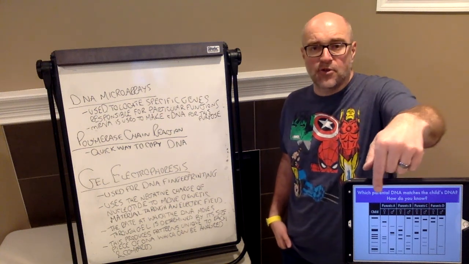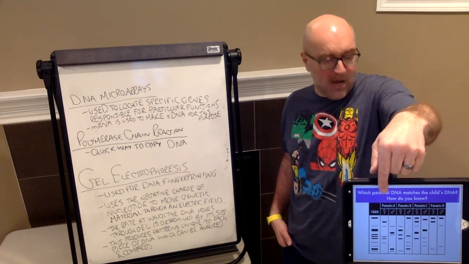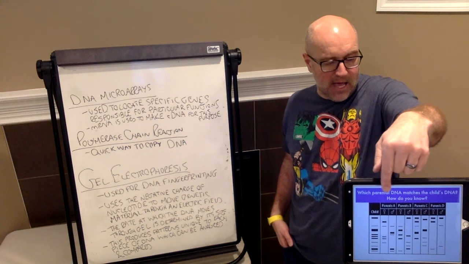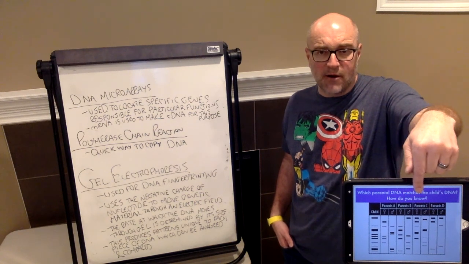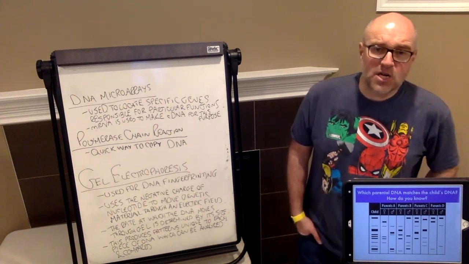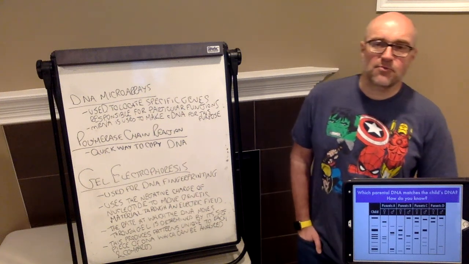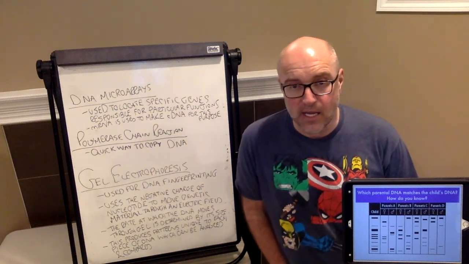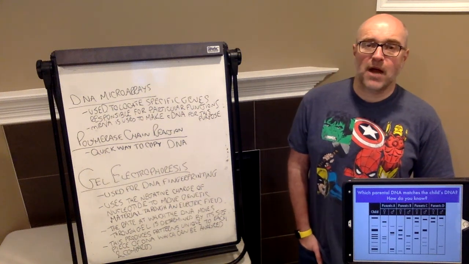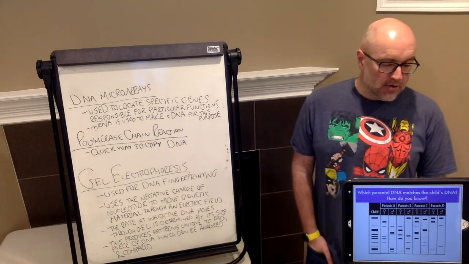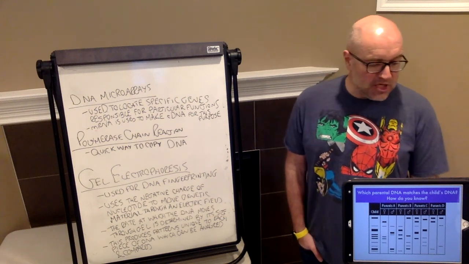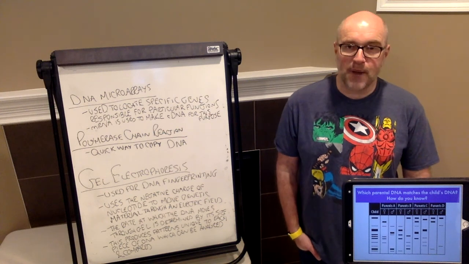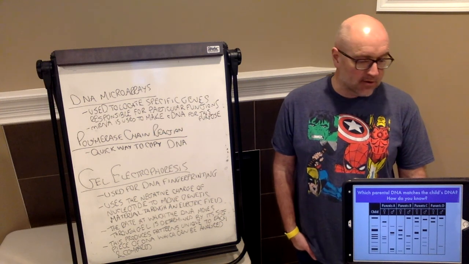We've got my child's DNA fingerprint over here. I've got parents A, parents B, parents C, and parents D. Which of those parents are the possible parents of the offspring? What I'm looking for are genetic markers between the two parents that match the genetic markers of the child.